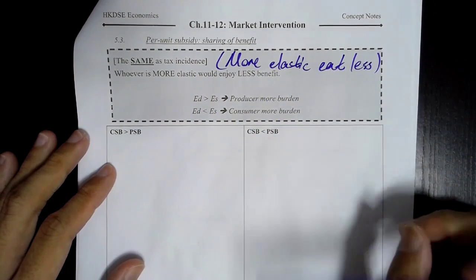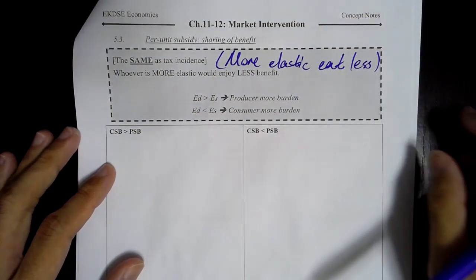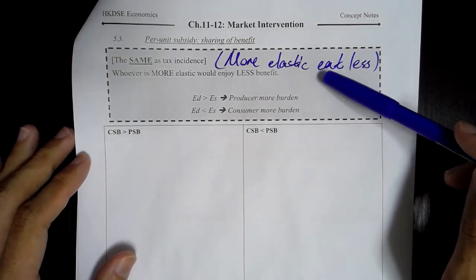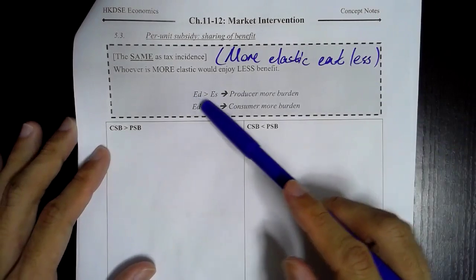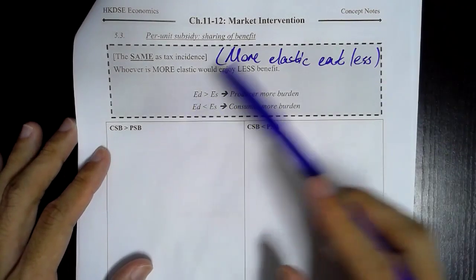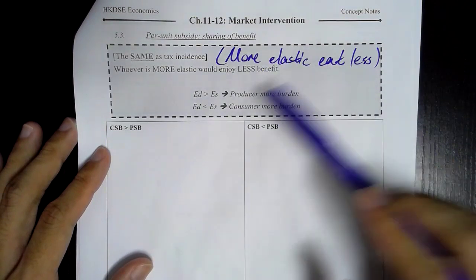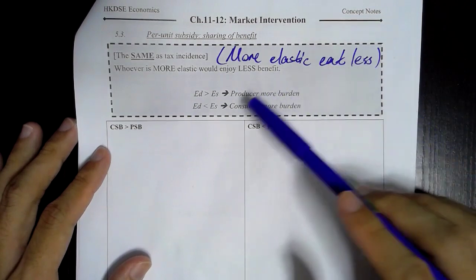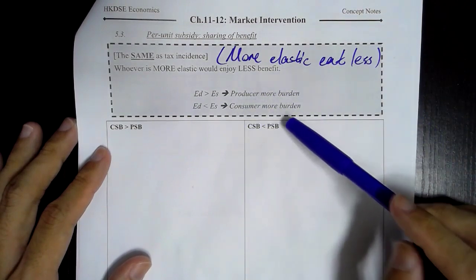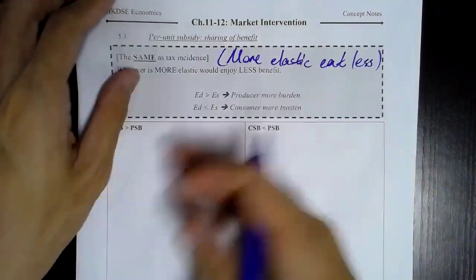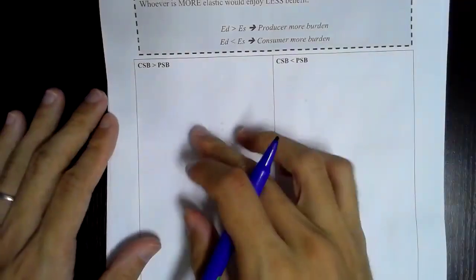The result is exactly the same as what we would see in tax. So if ED is more elastic than ES, the consumer is more elastic, so the consumer will eat less, meaning the producer eats more. That's the logic. Vice versa. Now let's look at the graph.